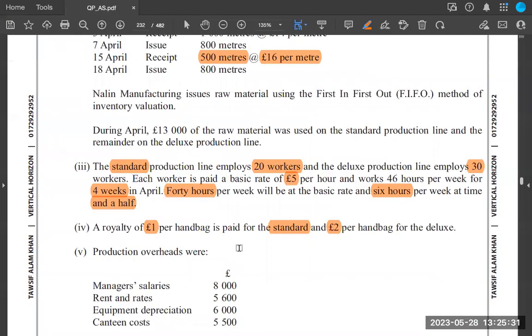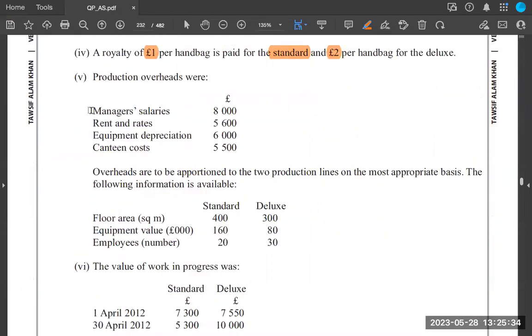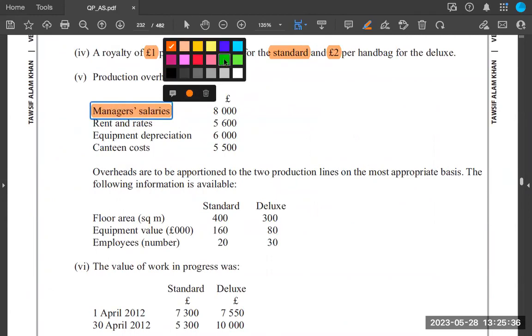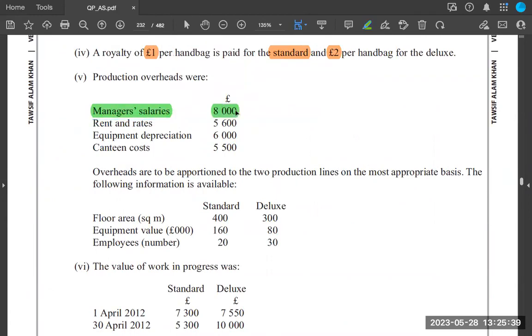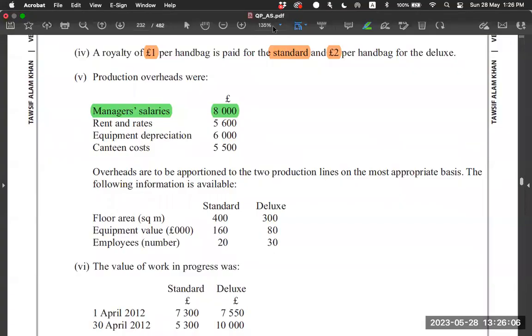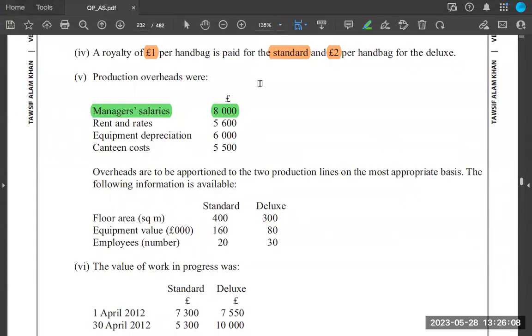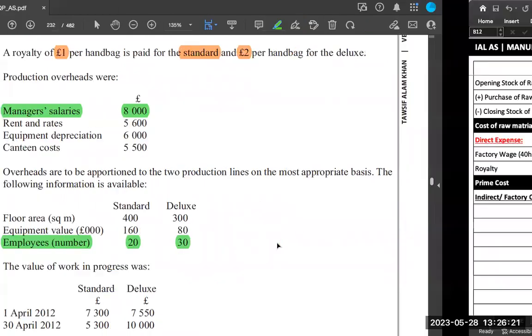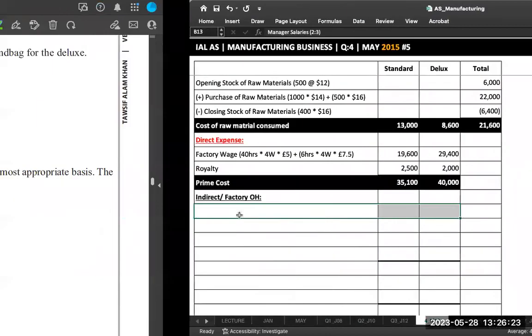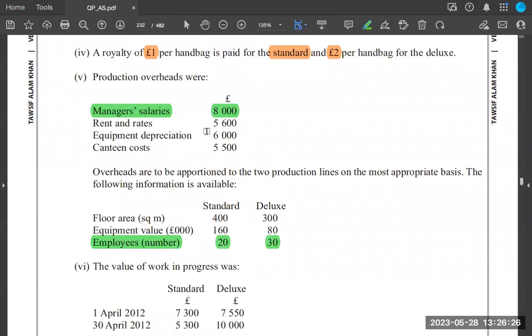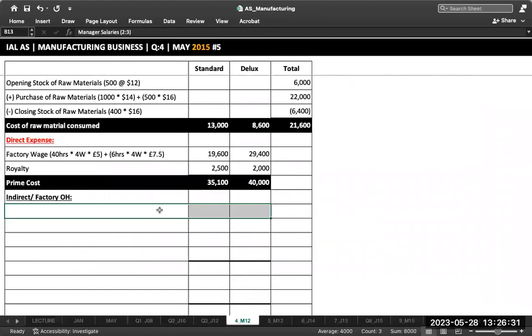Okay, see what they have asked to apportion. Manager salary, we will apportion based on which ratio? Employees. Guys, please be quiet. 20 is to 30, divide it. How much does it come to? Divide 8000 by 2 and 3. And for deluxe.